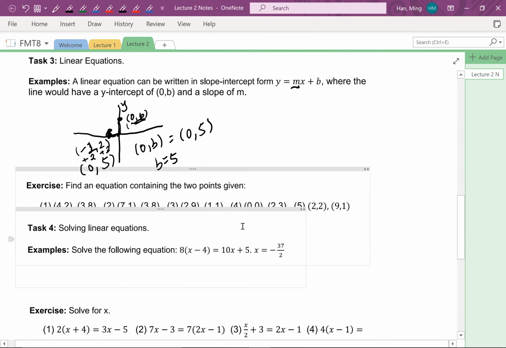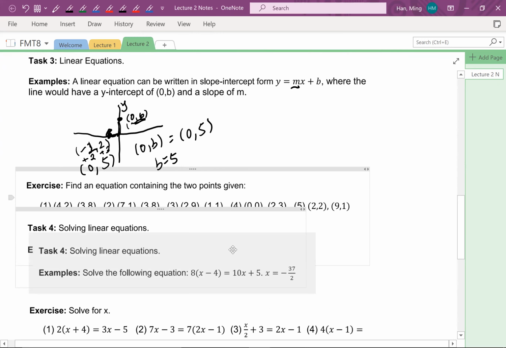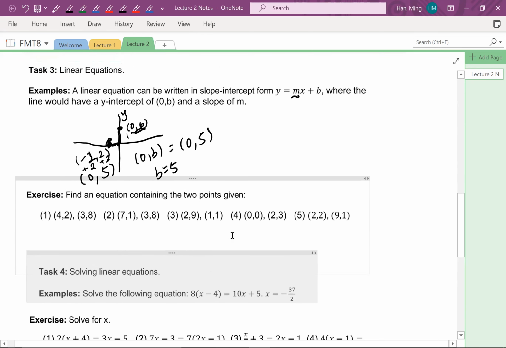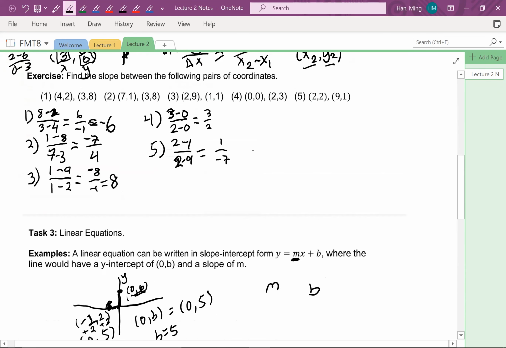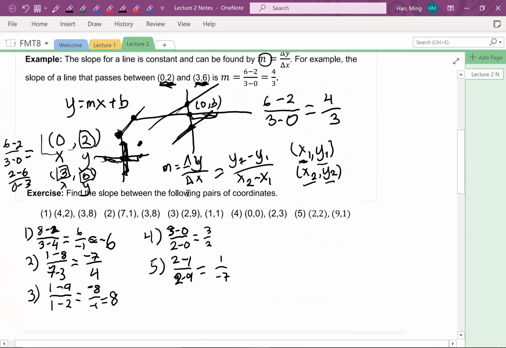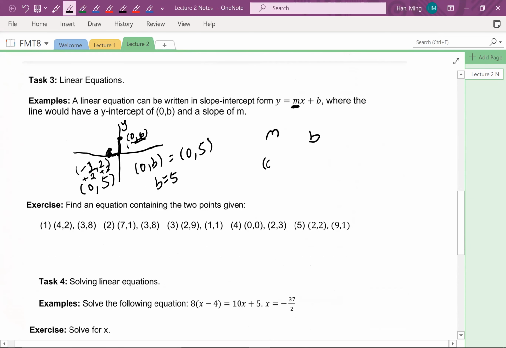So how do we find an equation with 2 points? Well, first we need to find the slope, which is m, and then we also need to find b. When you're given 2 points, let's say 0, 2, and 3, 6 from our example before, you first want to find the slope between the 2 points, which we already calculated is 6 minus 2 over 3 minus 0, which is 4 over 3.